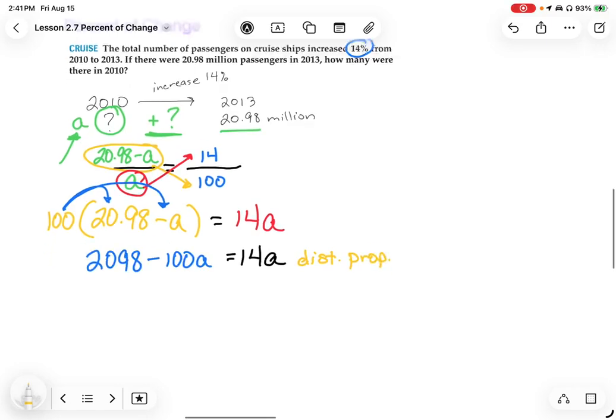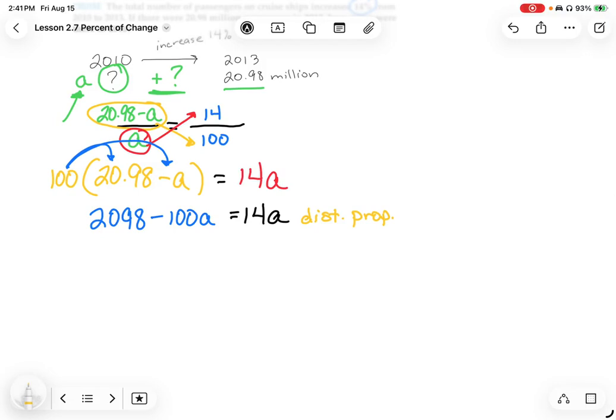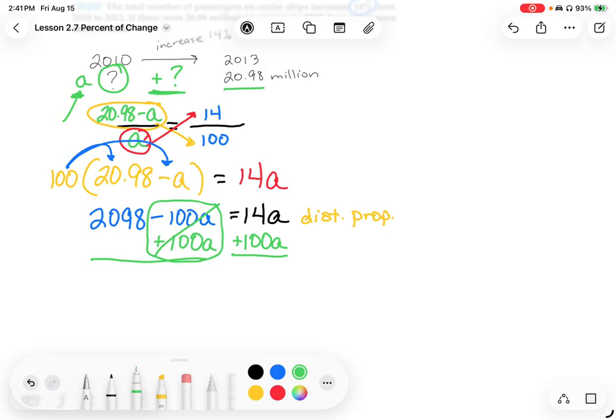Okay, so we've got A's on both sides of this equation. So our next goal is going to be to get the A's on the same side of the equation. We could subtract 14A on both sides, but that wouldn't make a lot of sense. So let's go ahead and add 100A. That's going to cause the minus 100A plus 100A to cancel.